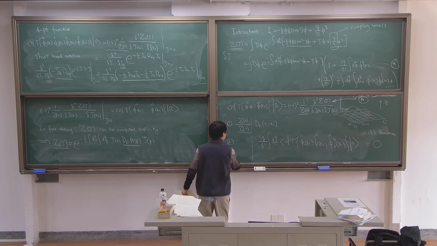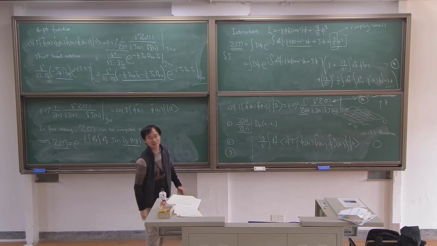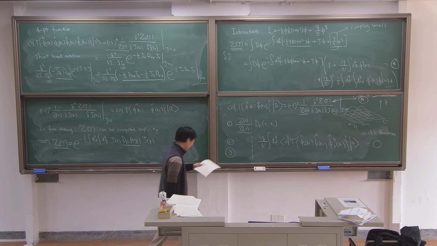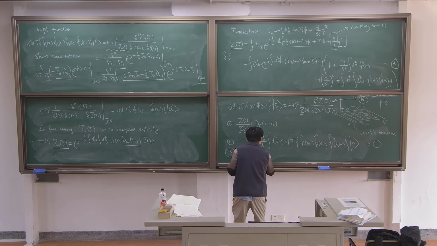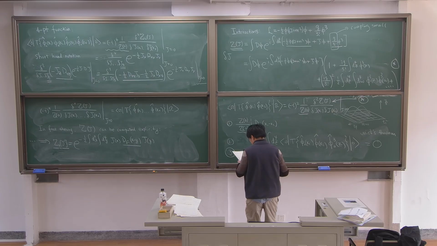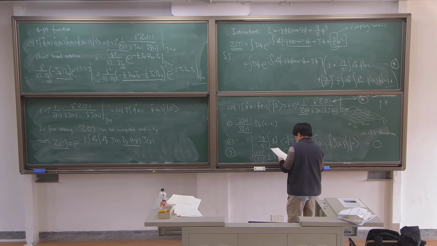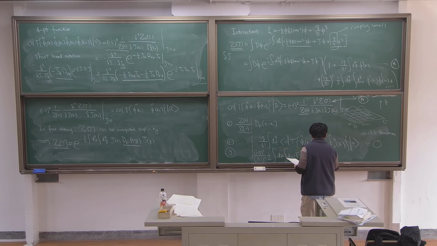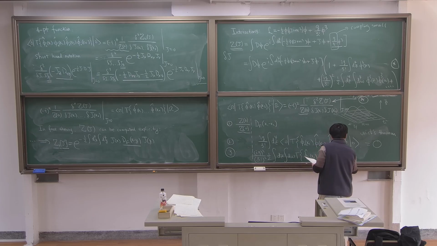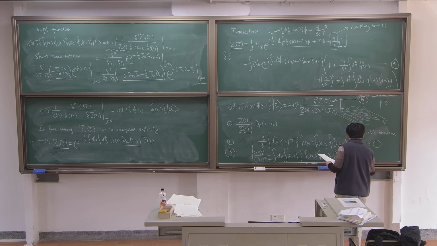Now the last job is the last term. The last term looks a little complicated indeed, which is the ig squared over 3 factorial squared and half, dz dw, time ordered phi x1 phi x2 phi z, 3 points at phi z, and 3 points at phi w.